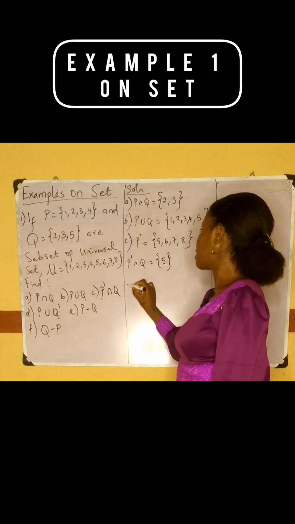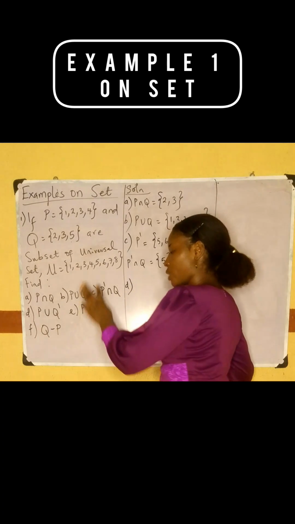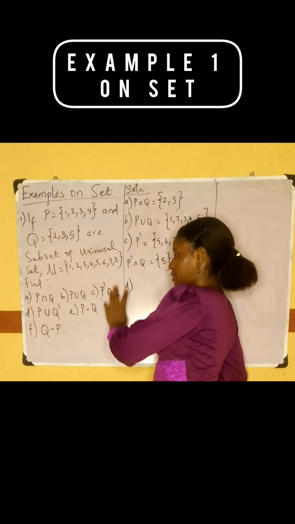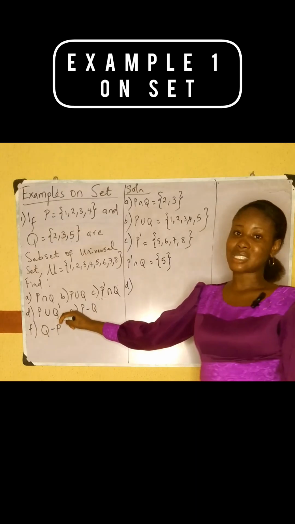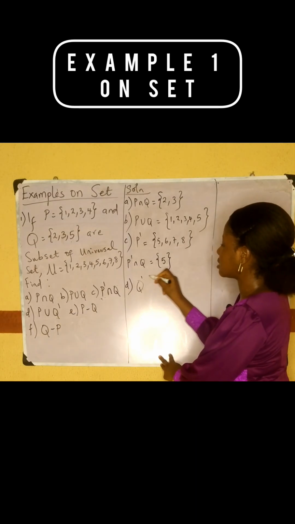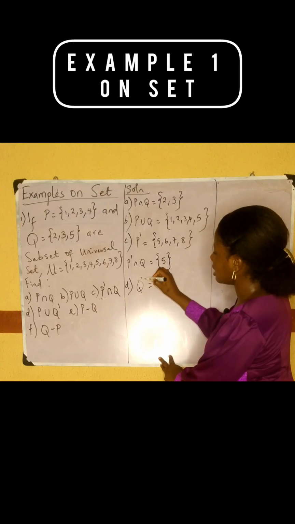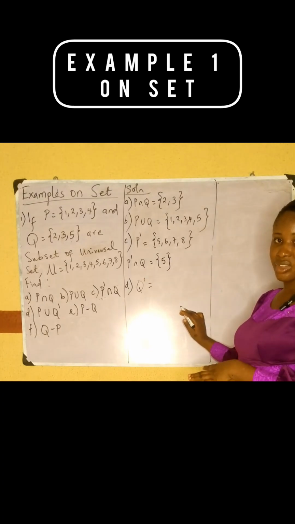Then the fourth one, we are looking for P union Q prime, P union Q complement. Just like the last one, we don't know what Q complement is, so we have to start by getting it. Q complement is a set of elements that are not elements of Q but are in the universal set.